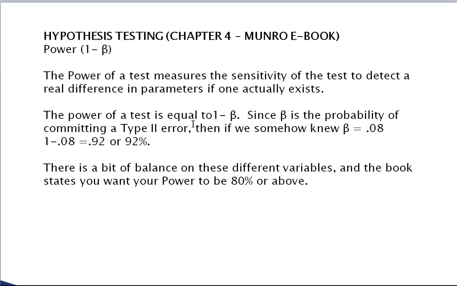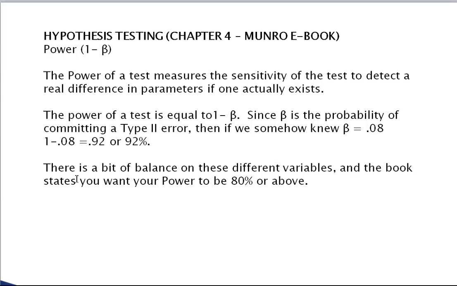The power of a test is equal to 1 minus beta, and beta is the probability of committing a type 2 error. If we somehow knew beta was 0.08, then the power would be 1 minus 0.08, which is 0.92, that yields 92% as a percentage.